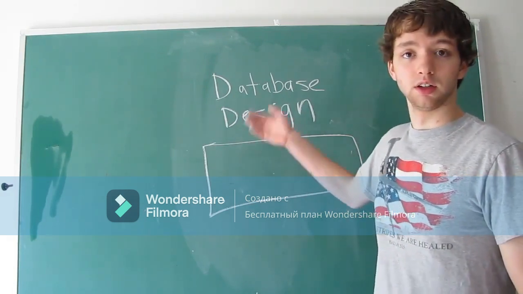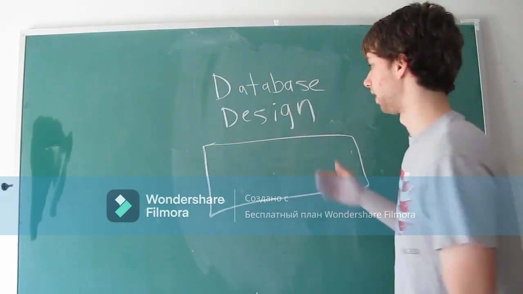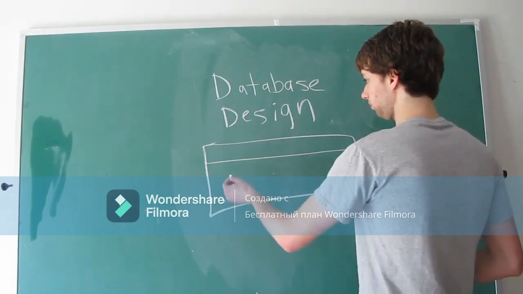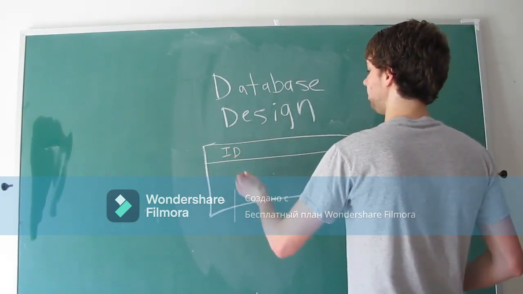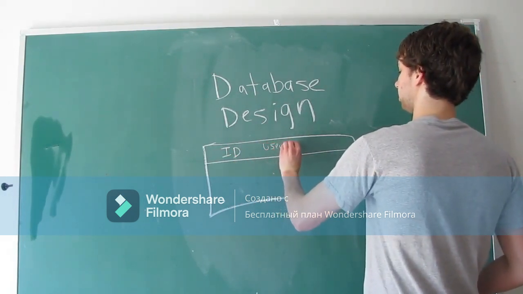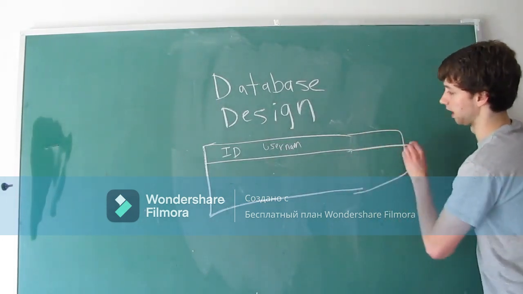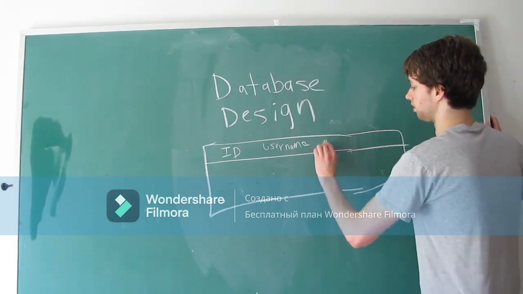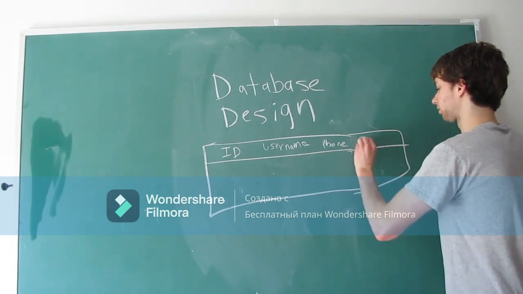So basically, this is a bad design because it's all in one table, and when I have to update it, so we have, let's just say this is a row, right? And I have the columns ID and username, and then we have address, and let's go phone number, it's easier, phone, and then we have favorite color.